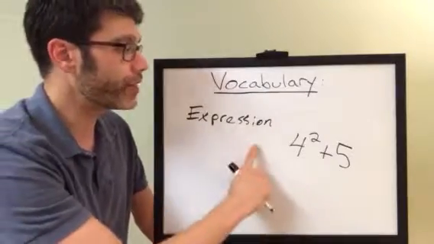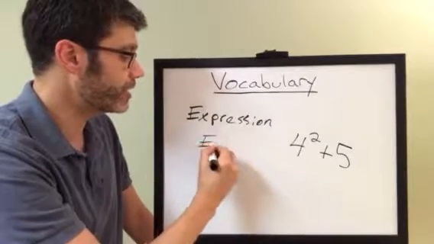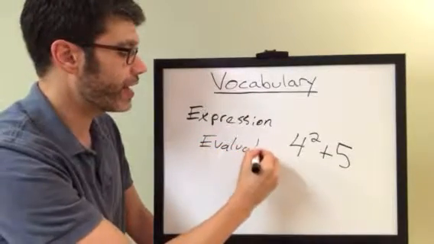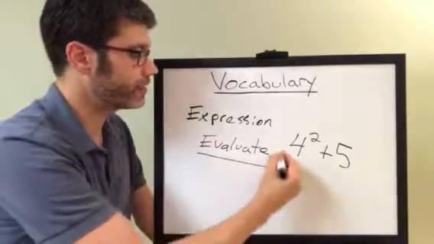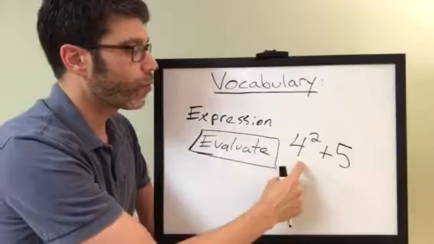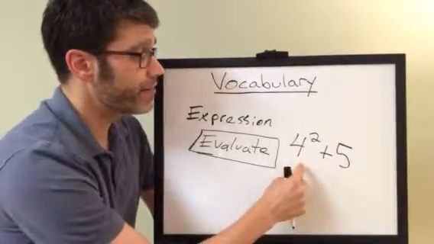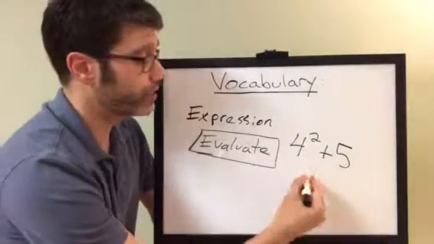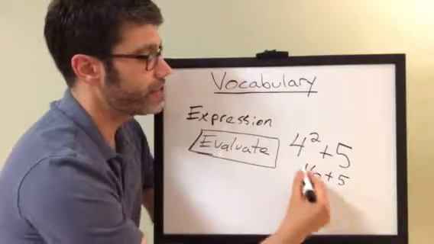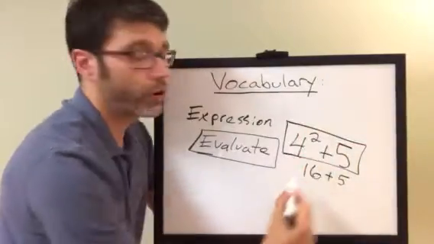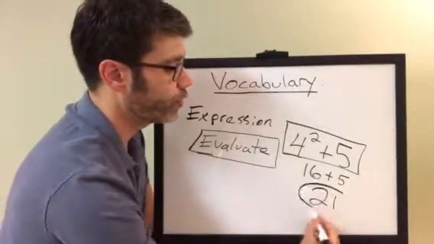So if we have an expression, what we can do is one of two things. We can either evaluate it or we can simplify. So let's talk about evaluating. Evaluating means that I want to figure out what the quantity is being represented here. So if 4 squared equals 16 and I add it to 5, then this expression, when I evaluate it, would have the worth of 21.